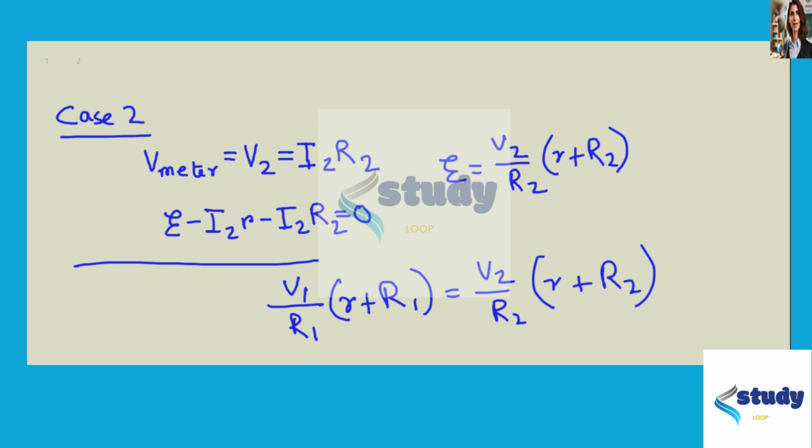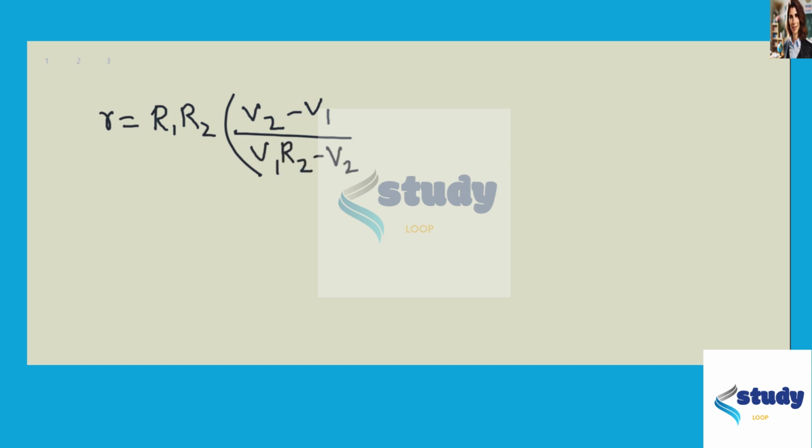And then if we solve for little r from there, we get R1 times R2 times (V2 minus V1) divided by (V1 R2 minus V2 R1). So now the given values: R1 is 35, R2 is 14.